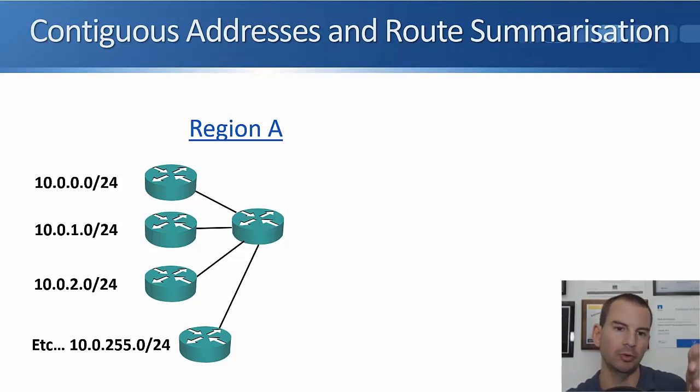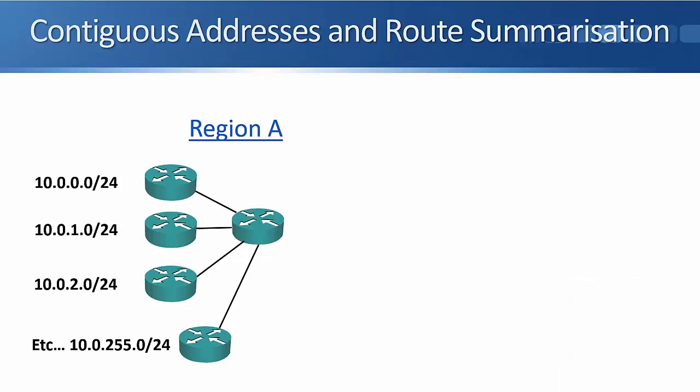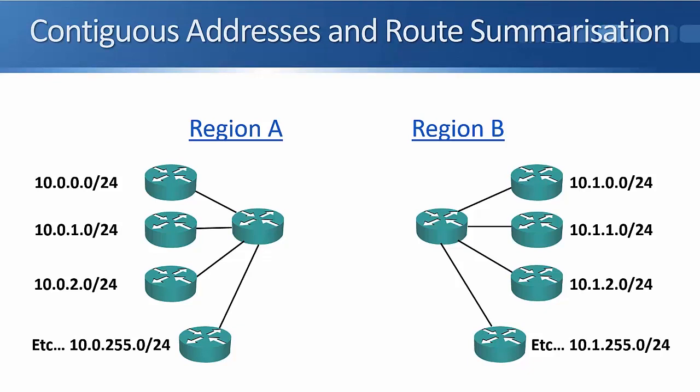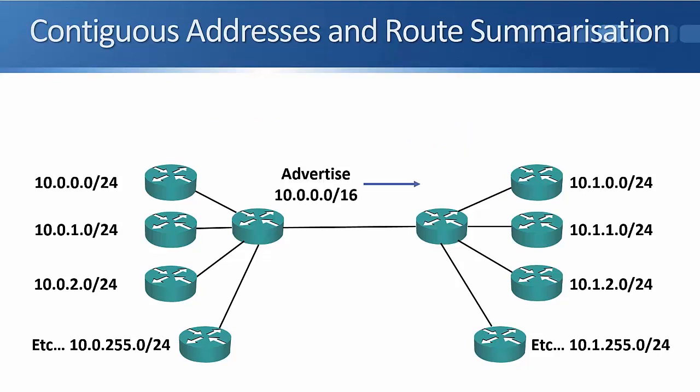So the example here, we've got region A on the left, and it's using 10.0.0.0/24, 10.0.1.0/24, etc., up to 10.0.255.0/24. Region B within the same organization on the right is using 10.1.0.0, 10.1.1.0, and so on. We connect the two routers between region A and region B. And from region A, we can advertise 10.0.0.0/16.